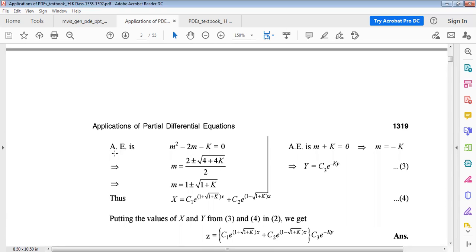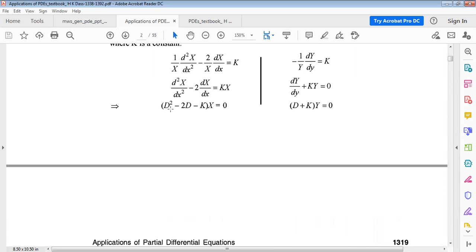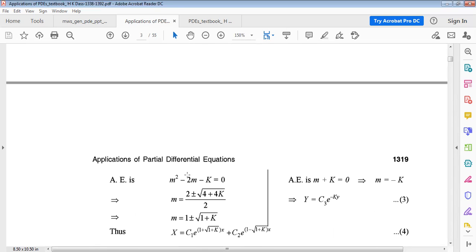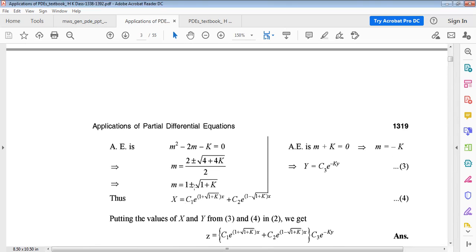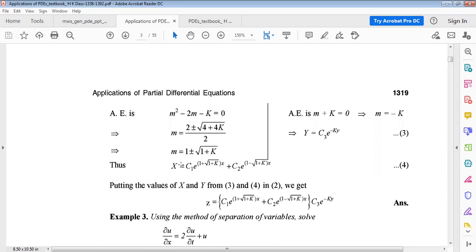Understand? So auxiliary equation will be m square minus 2m minus k equals to 0. So m equals to two roots. The solution X can be written as c1 e to the power m1 x plus c2 e to the power m2 x, where m is 1 plus or minus root over 1 plus k.